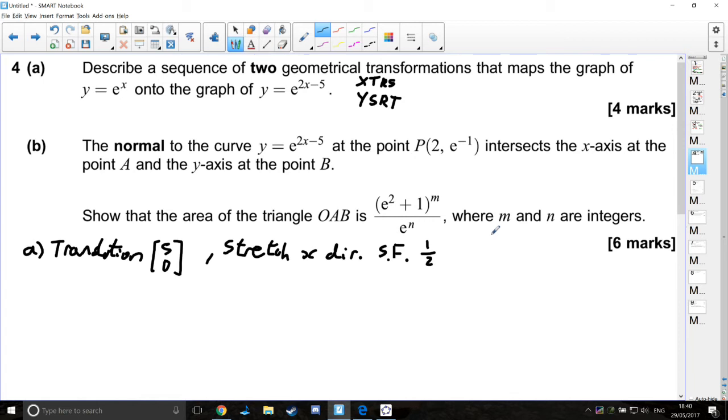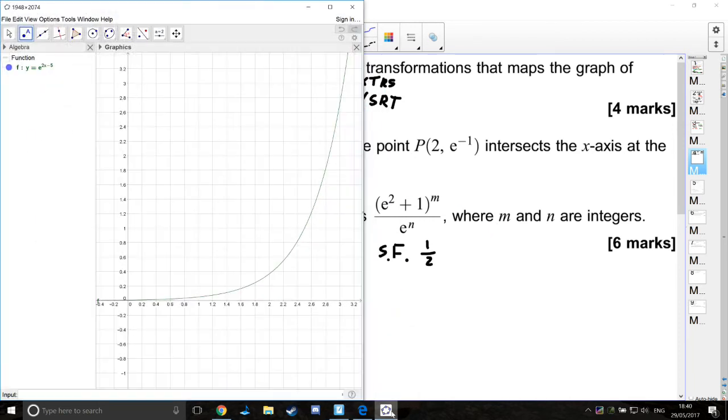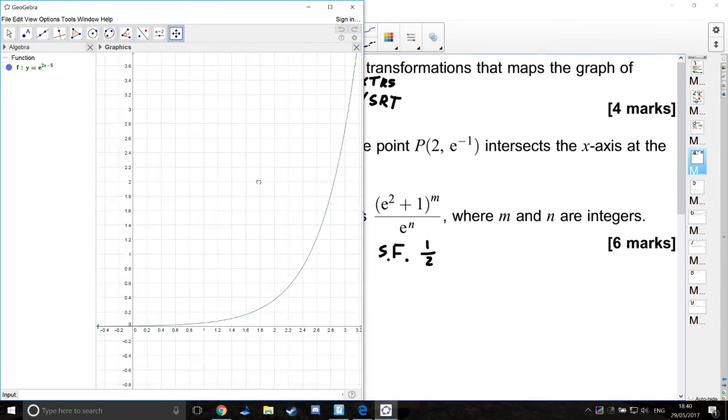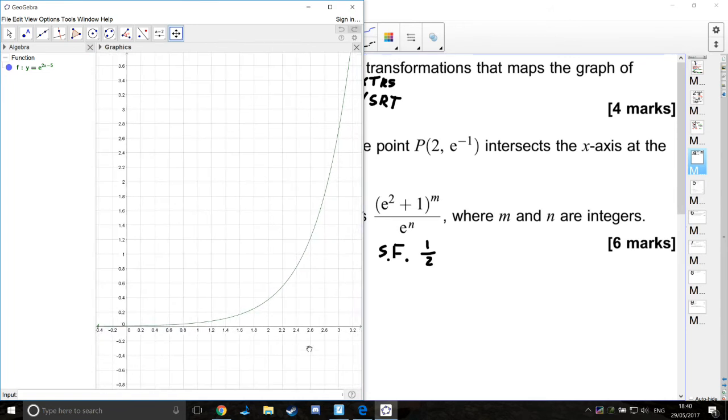Okay, what does this look like? This is one that I graphed out earlier. y equals e to the 2x minus 5. This is its graph. It's fairly zoomed in at the moment. We've got 0 to 3-ish here and 0 to 3.6-ish there.